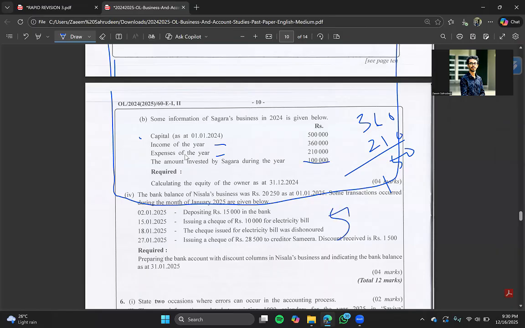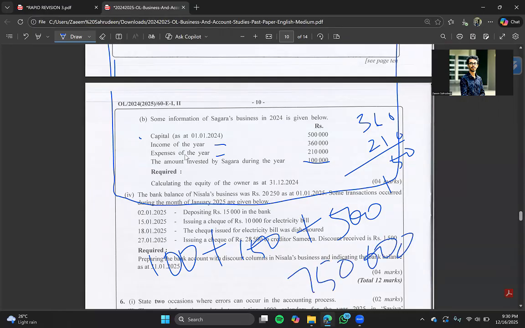So 500, plus 150, plus 100,000: you will get 750,000. 750,000 will be the equity as at 31st December.